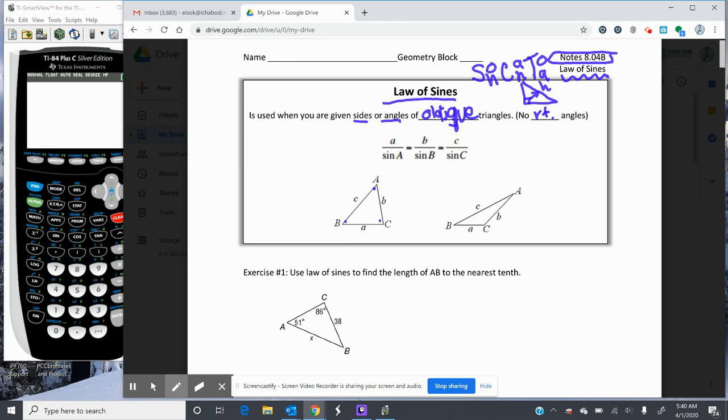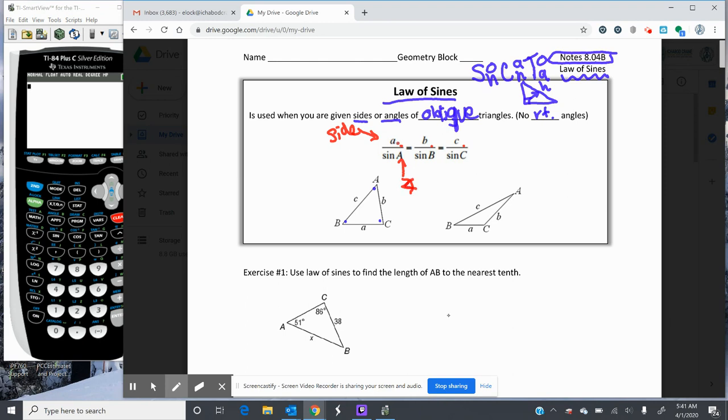And what it says is the formula goes side A, so in the numerators here, little a, little b, little c are the sides. And in the denominator is sine of angle A. So remember, capital letters are our angles.